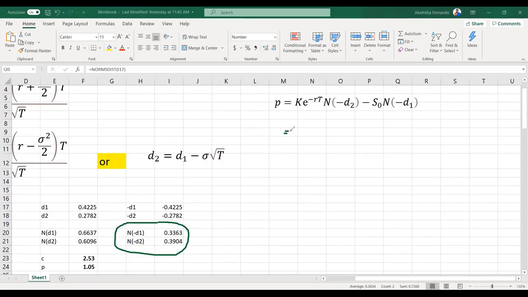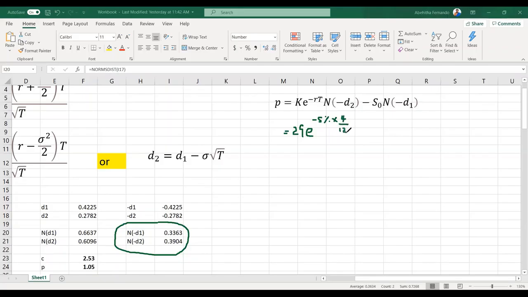You know the strike price is 29. So 29 times e to the power minus 5%, which is the risk-free rate, times T, which is 4 months, so 4 over 12.